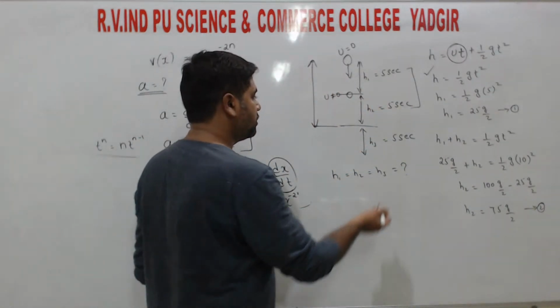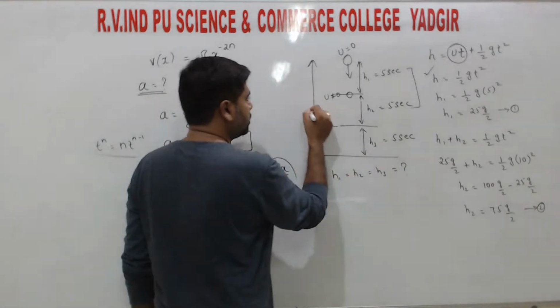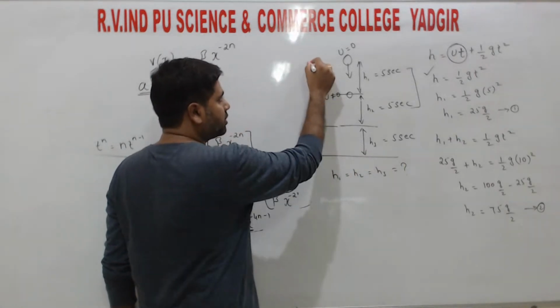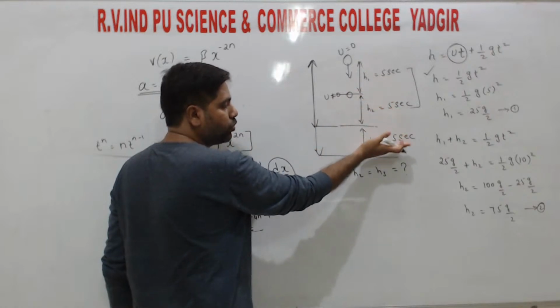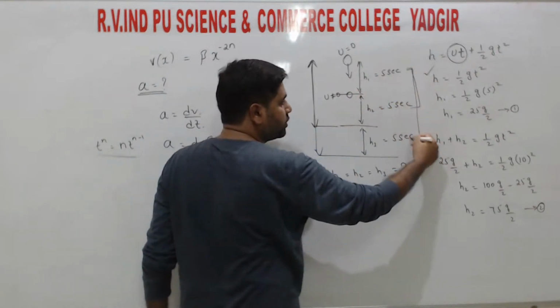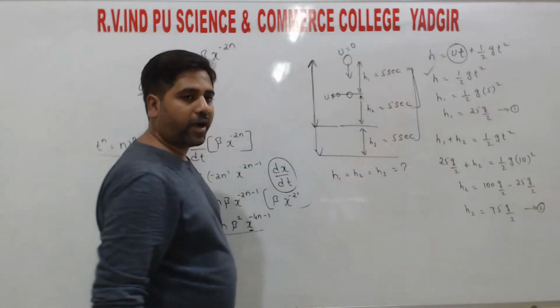Next, in the same way, we need to take the total h1 plus h2 plus h3, and the total time is 5 plus 5 plus 5, right?